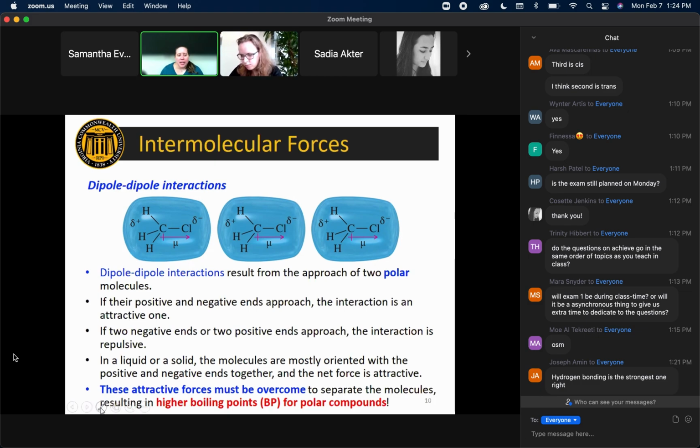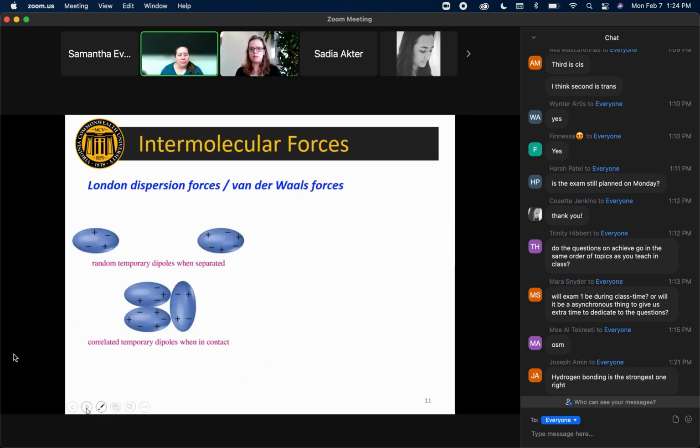Okay, so let's contrast that with non-polar interactions, or the London dispersion forces or van der Waals forces. When we have a molecule that's overall non-polar, its average electron buildup or charge buildup averages out to 0.